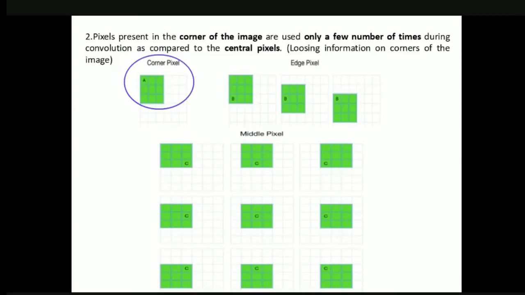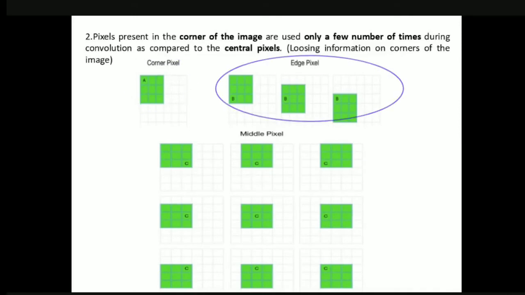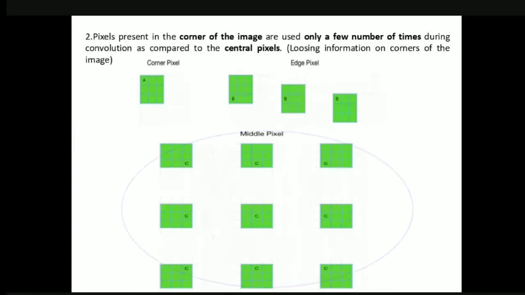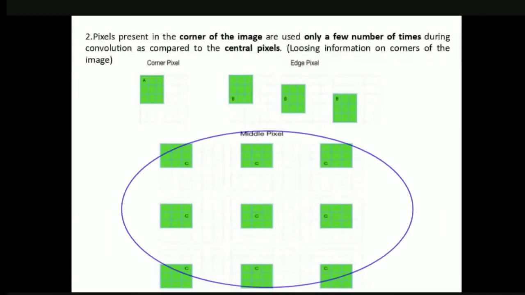With stride equal to 1, only one time, right? Now let us take the edge pixel. How many times will this pixel B be included here? It will be included 3 times in the convolution operation. But if it is the middle pixel, how many times is it included? 1, 2, 3, 4, 5, 6, 7, 8, 9 times.